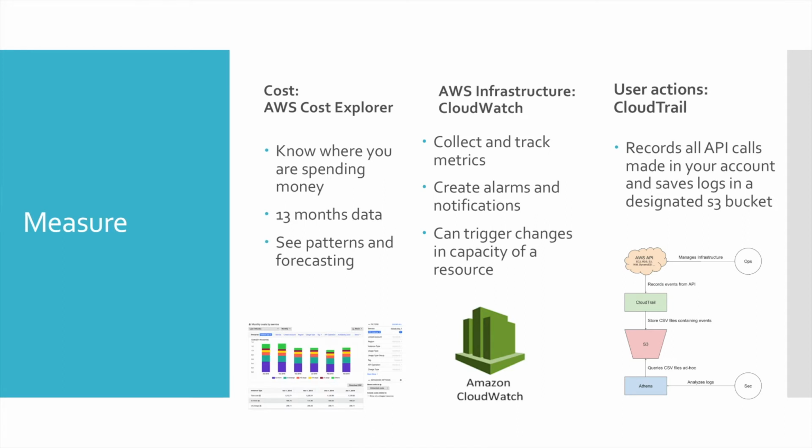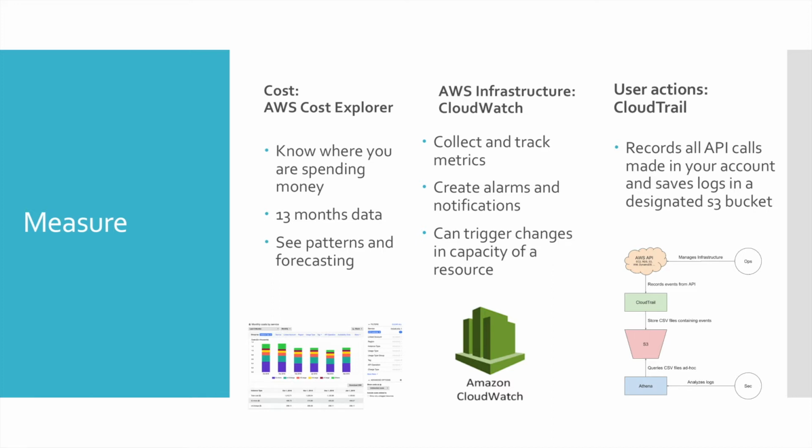When we measure the system, there are different tools in AWS you can use to monitor different things. For the cost, AWS Cost Explorer can help you know where you are spending money, and it can collect 13-month data, and you can use it to see patterns and forecast how much money you will spend in the future.